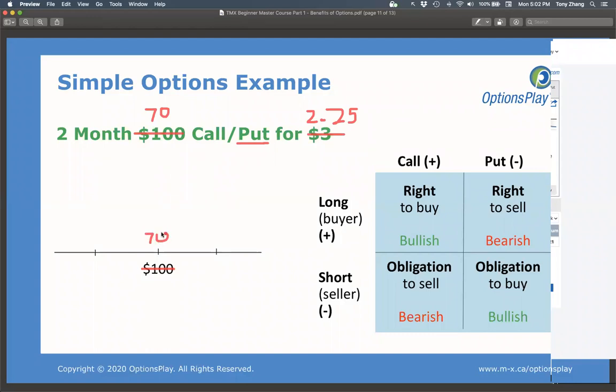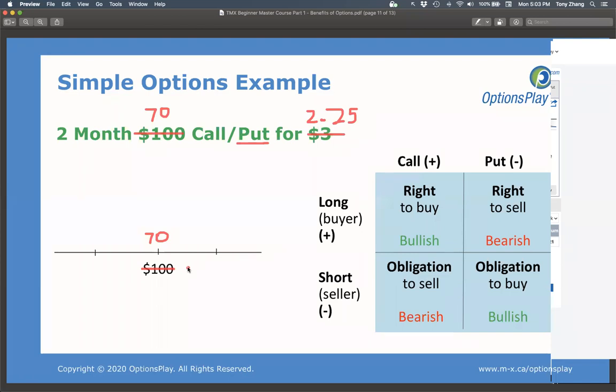As a put buyer, I have the right to sell National Bank stock at $70 to the seller of that put option, and I paid that person $2.25 up front for the right to sell it to them for $70. So let's say 2 months from now in April, the stock is trading at $70.